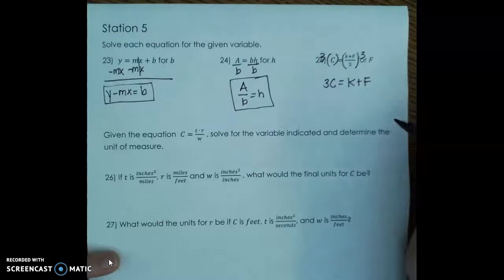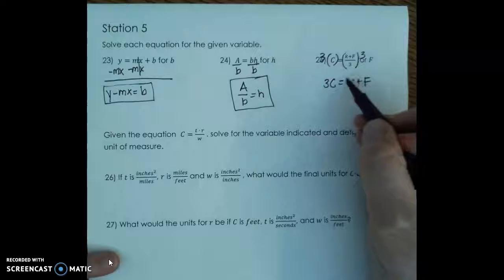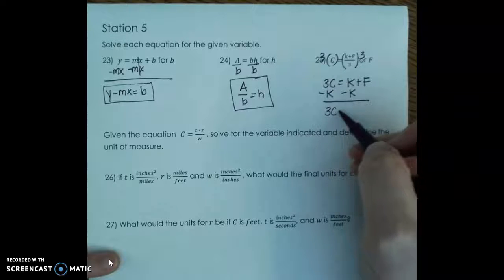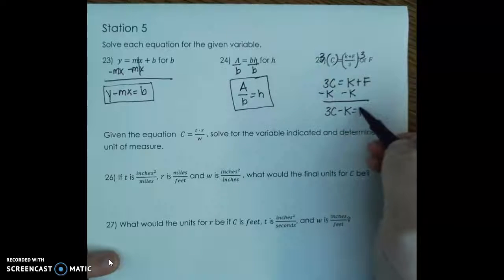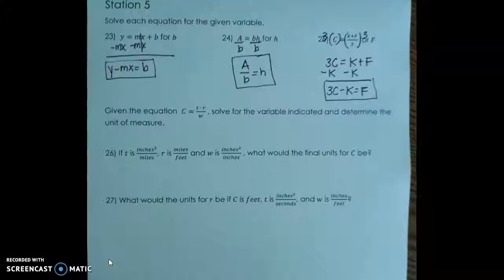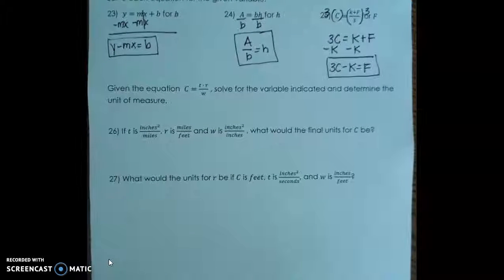Now f is part of this binomial. So when you have a binomial, there's addition or subtraction first. We got to get rid of k, so we're going to subtract k from both sides. And you end up with 3c minus k equals f, and that's going to be your final answer on that one. Okay. That's going to lead us into questions 26 and 27.